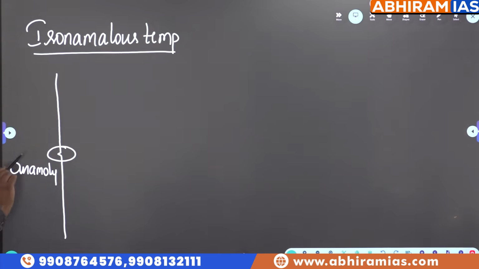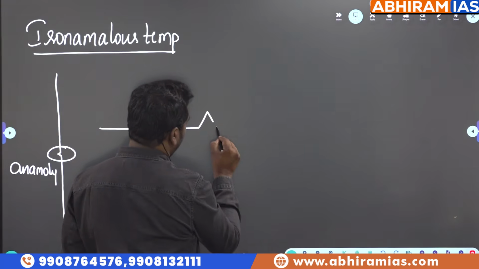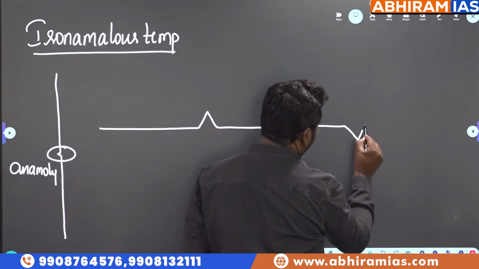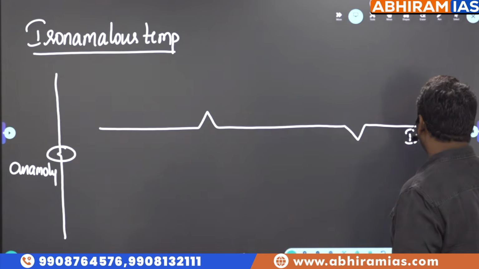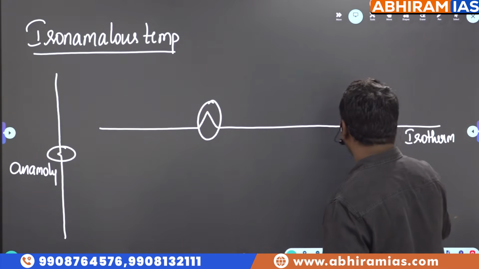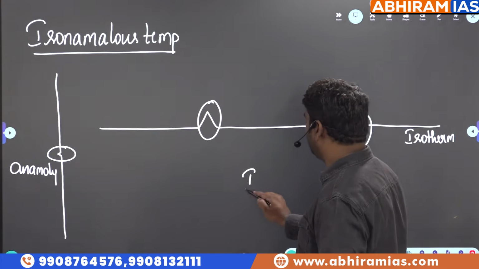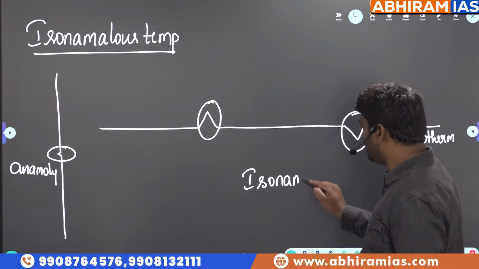Okay, variation is called anomaly. Same way, within an isotherm, if you have any anomaly, then it is called as isonormalous.